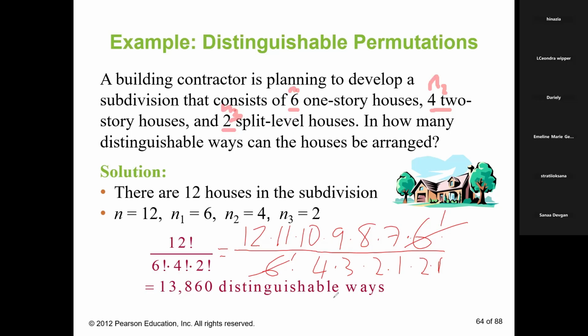Is this clear? Yes. Okay. That's how you use distinguishable permutation.